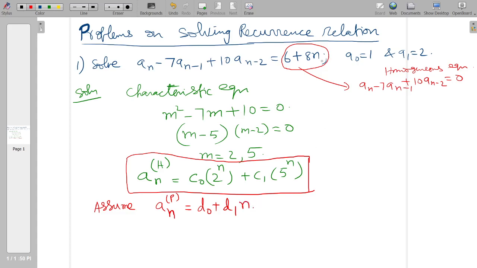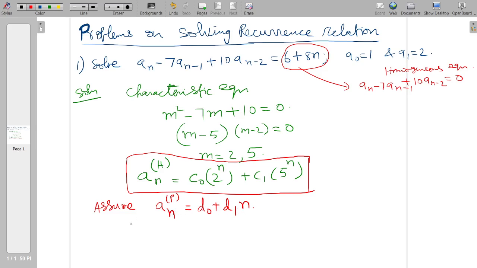Suppose if it is of degree 2, then suitably take a_n^(p) is equal to d0 plus d1 n plus d2 n squared. So this is a polynomial of degree 1. So we take a_n^(p) is equal to d0 plus d1 n.